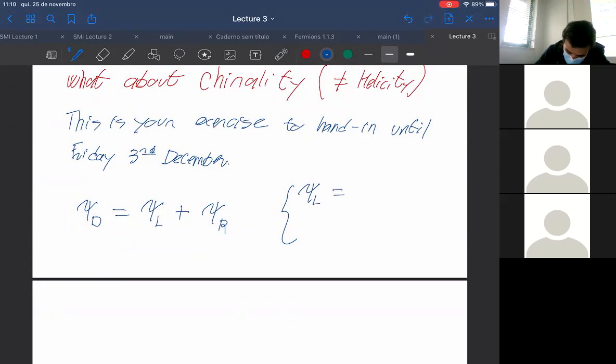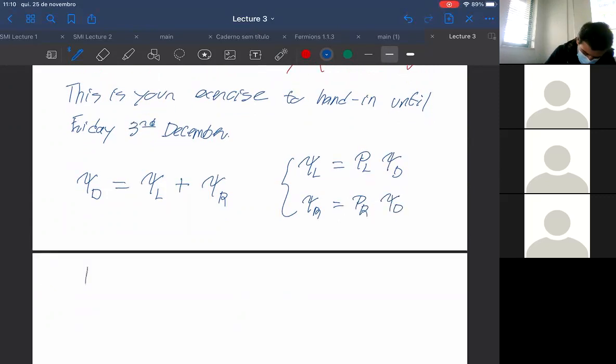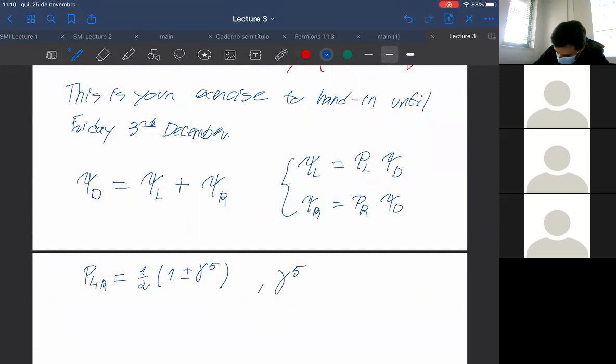It's the left projector projecting the left part of the Dirac spinor, and the right one projecting the right part of the Dirac spinor, where this P L/R, and I think I wrote that in the exercises, is 1/2 (1 plus or minus gamma 5), with gamma 5 given by, and this is the gamma 5 that I'm suggesting you to use, minus identity, 0, 0, identity.